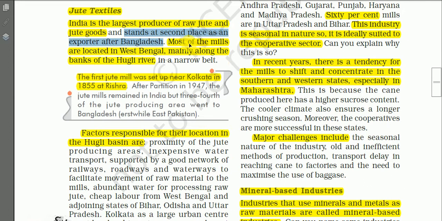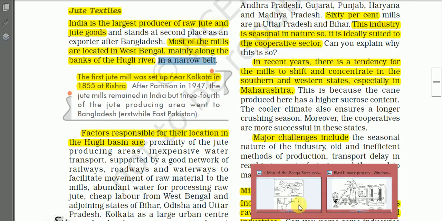And we know that most of the jute mills are located in West Bengal, mainly along the banks of the Hooghly River in a narrow belt. So let us see one map.